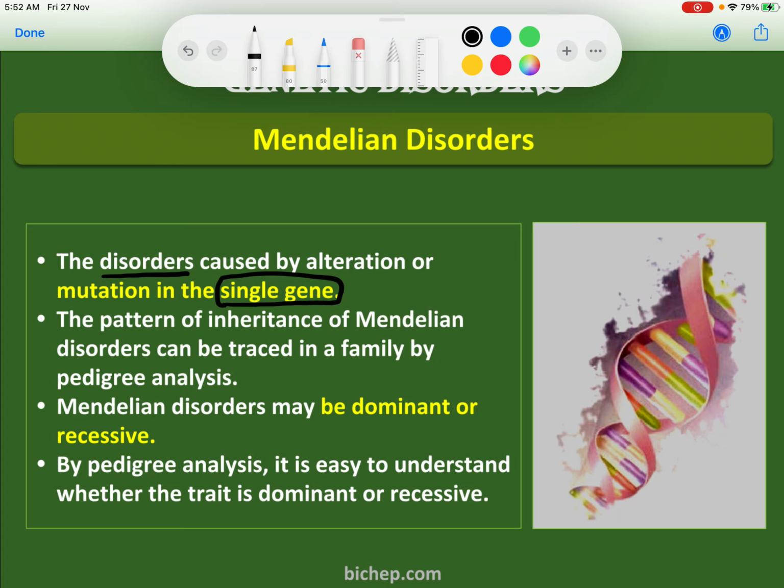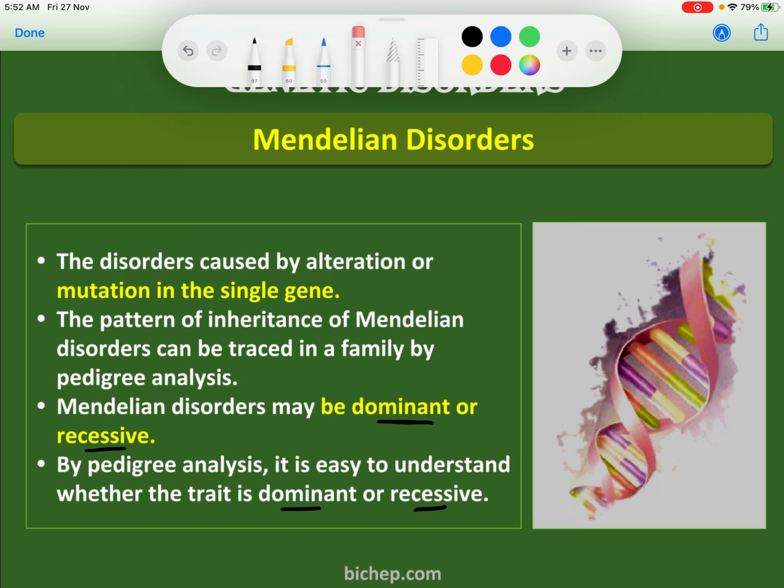Now the pattern of inheritance of Mendelian disorders can be traced by family pedigree analysis. They can be dominant or recessive by nature, and by pedigree analysis it is easy to understand whether the trait is dominant or recessive.